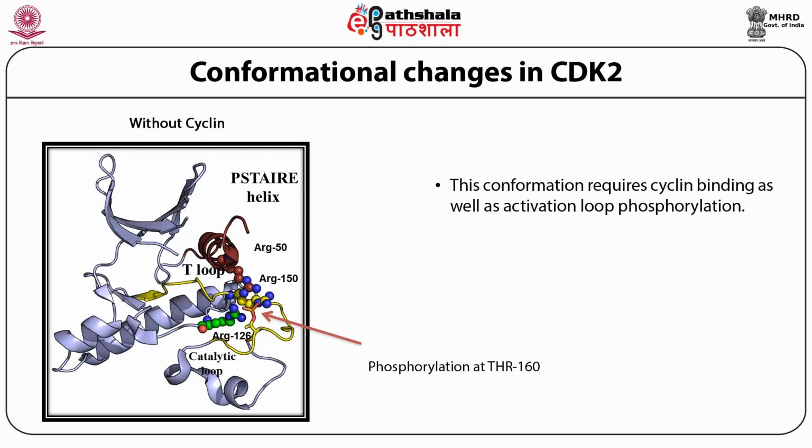So the kinase is not only helped by the movement of several parts as the cyclin is bound, the conformation is also stabilized by autophosphorylation and the interaction of phosphorylated threonine with several arginine residues.